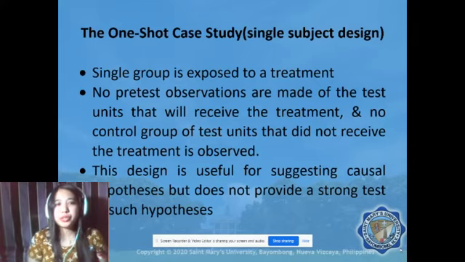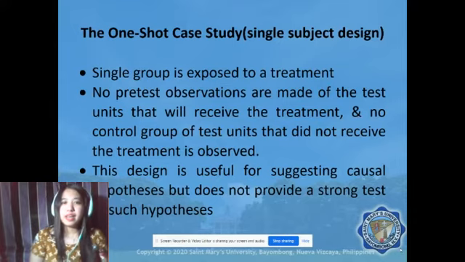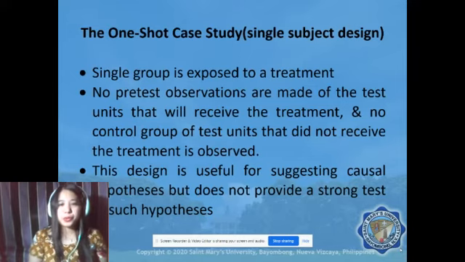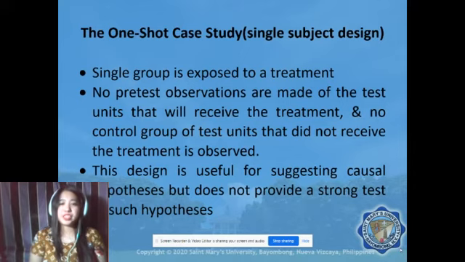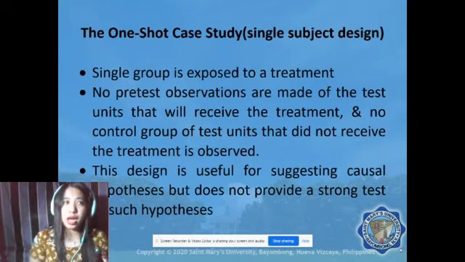However, you're not going to give a pretest. There are no pretests given, and there's no control group. It is a design that is useful only for suggesting causal hypotheses, but does not provide a strong test of such hypotheses.